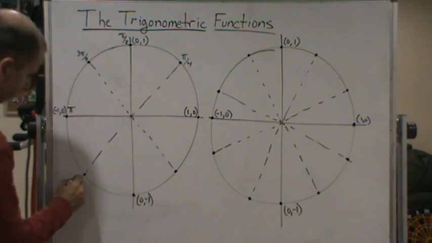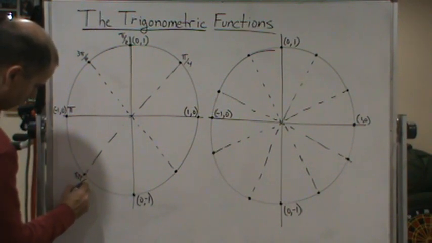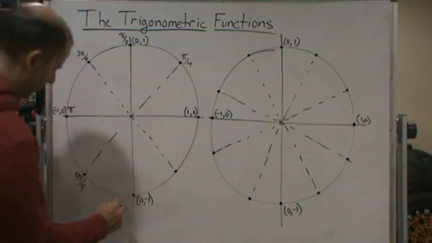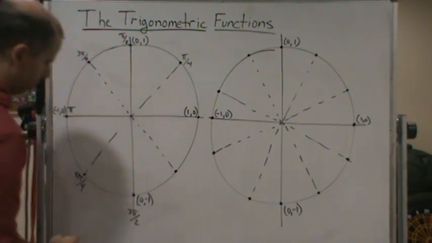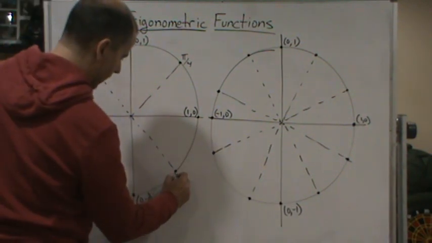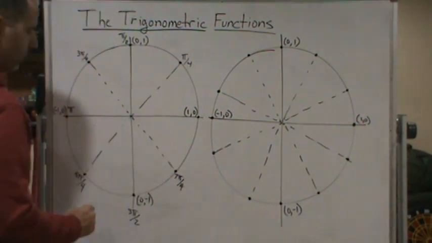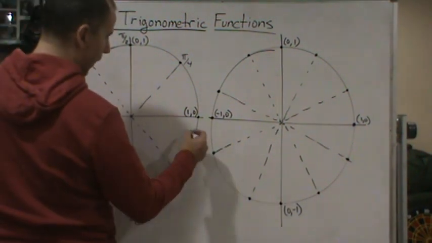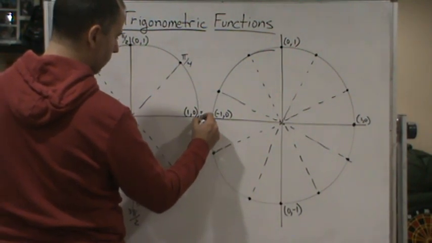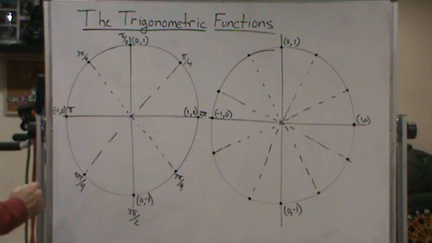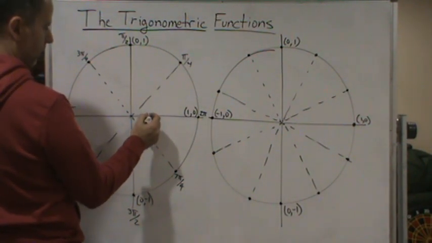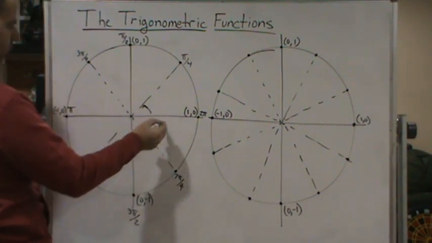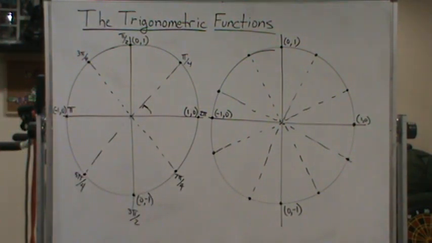And then 5 pi over 4, and then 6 pi over 4, which is 3 pi over 2. And then 7 pi over 4. And then we get to 8 pi over 4, or 2 pi. Okay? And I'm writing this here as a reference, as this is going to be the reference angle going this way, going counterclockwise. Okay?